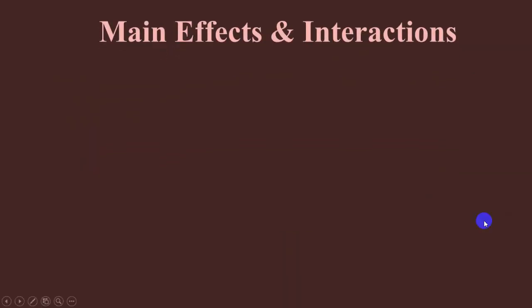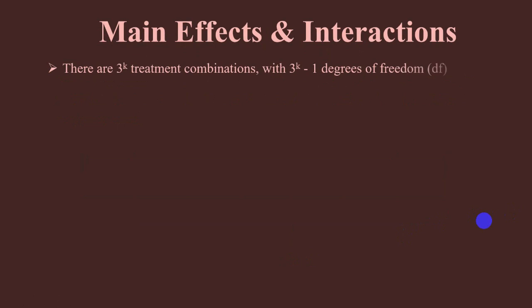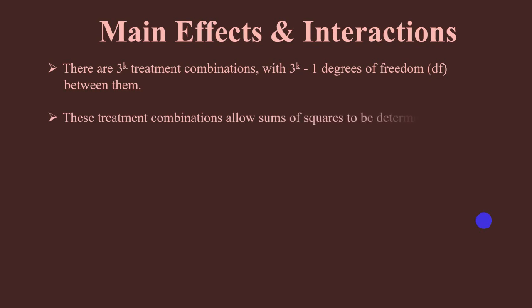Now let us discuss the main effects and interactions. There are 3 raised to k treatment combinations with 3 raised to k minus 1 degrees of freedom. These treatment combinations allow sum of squares to be determined for kC1 equal to k main effects each with 2 degrees of freedom.